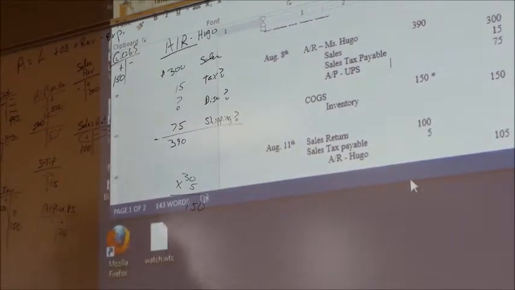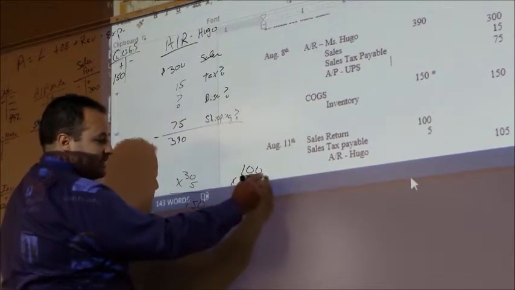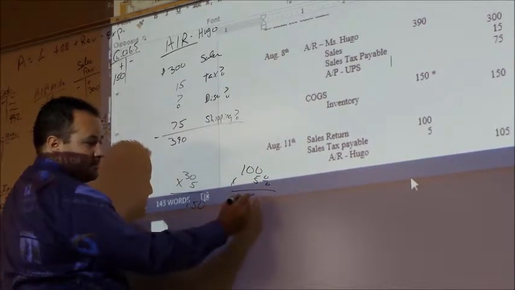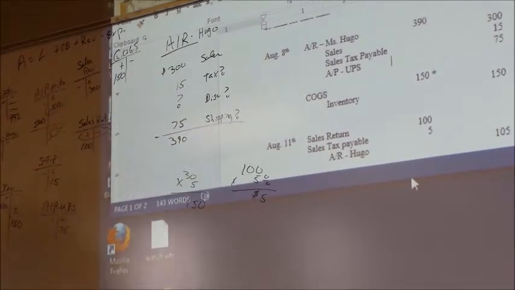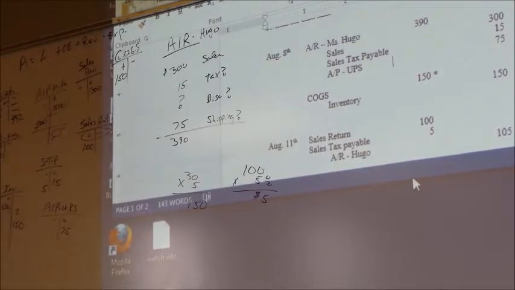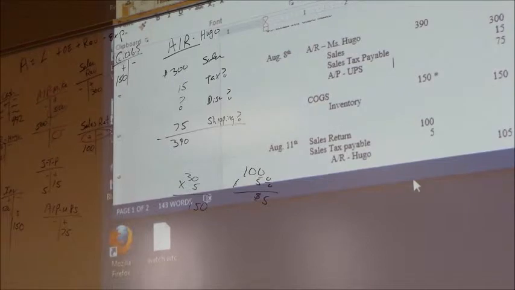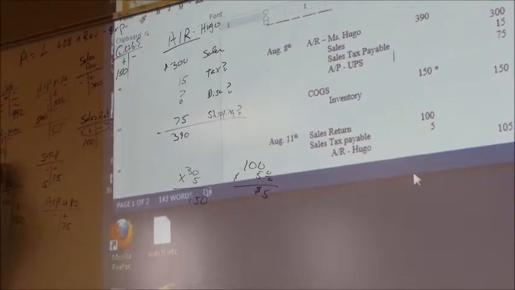Of that $100, I have to give her back 5% in sales tax, which is simply $5. And I take the entire amount off of her bill.